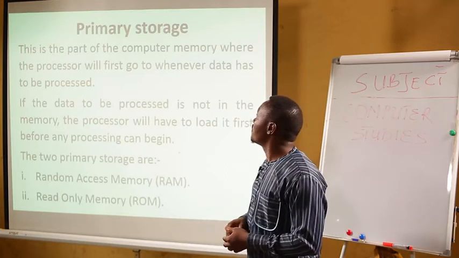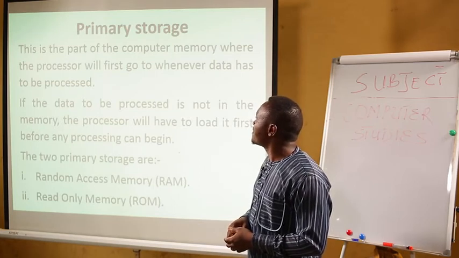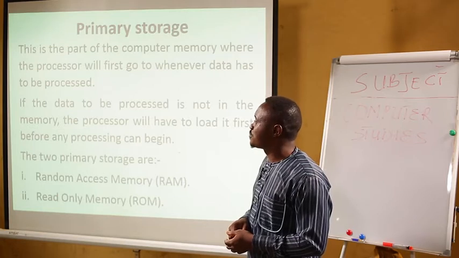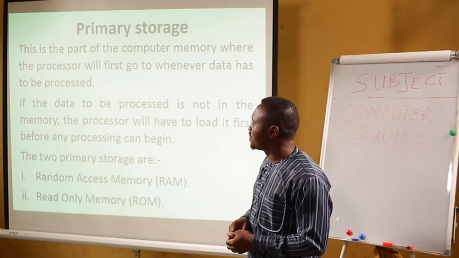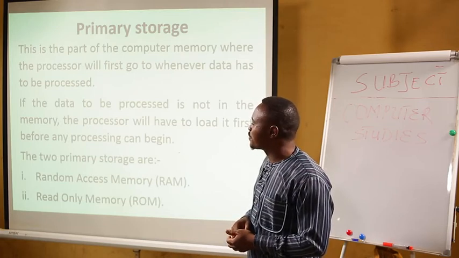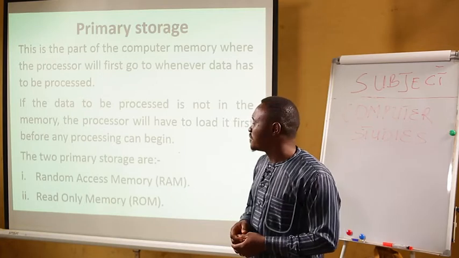This is the part of the computer memory where the processor would first go whenever data has to be processed. If the data to be processed is not in the memory, the processor would have to load it first before any process can begin. We have basically two types of primary memory.